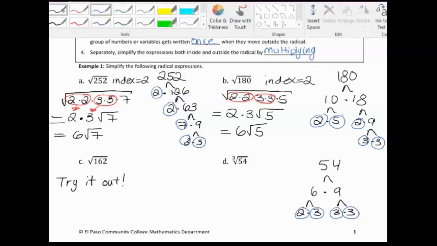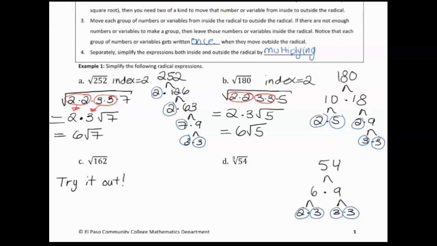All right. Now for my index, right here my index is 3. That means that we're going to be making groups of 3. So I have the cube root of 54, which is 2 times 3 times 3 times 3. Again, we're making groups of 3.